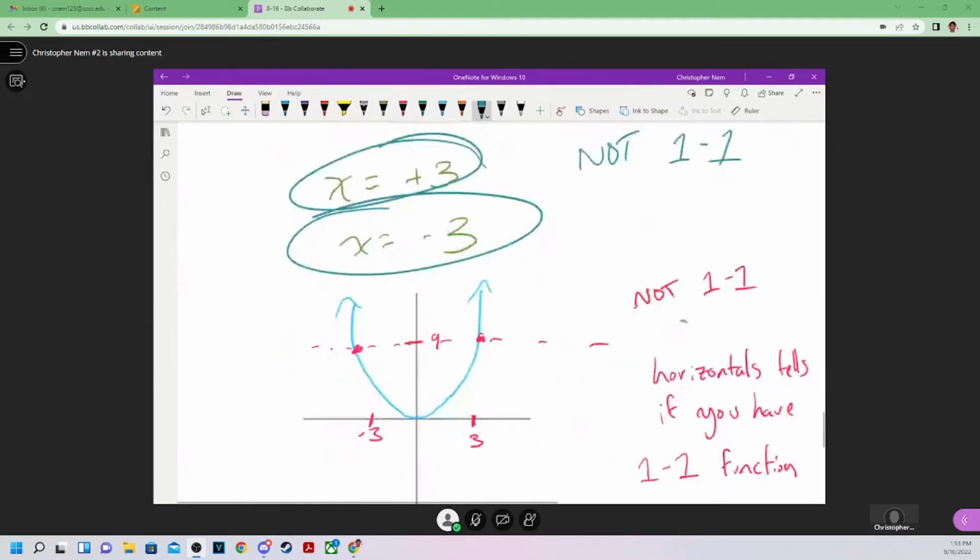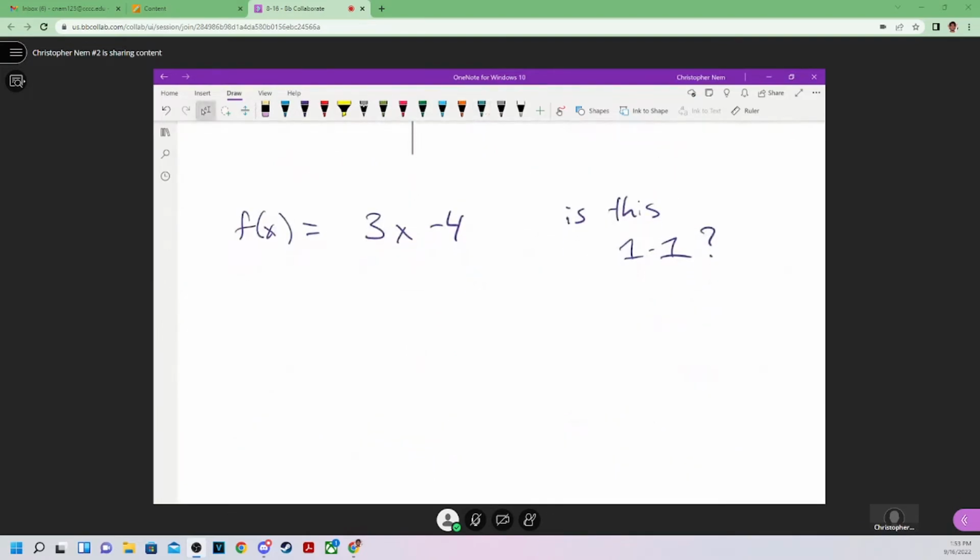But the idea is that I'm going to let the outputs equal each other. I'm going to have f of x1 equal to f of x2. I'm going to do the opposite of what the definition told me. All right? Now, suppose this is true. That means we have 3 of x1 minus 4 equals 3 of x2 minus 4.